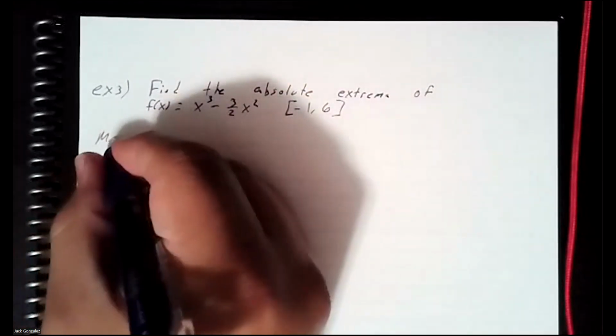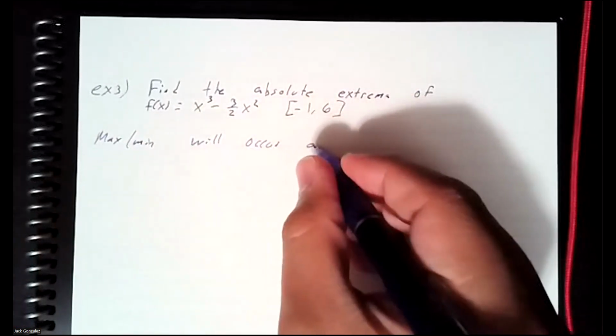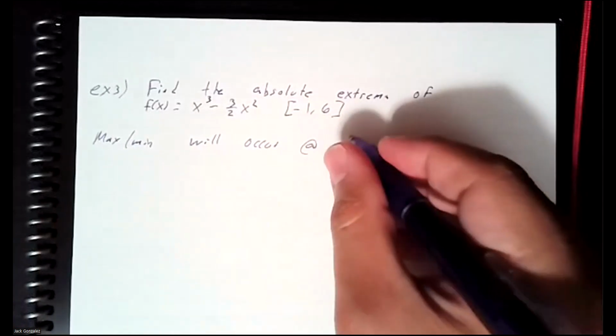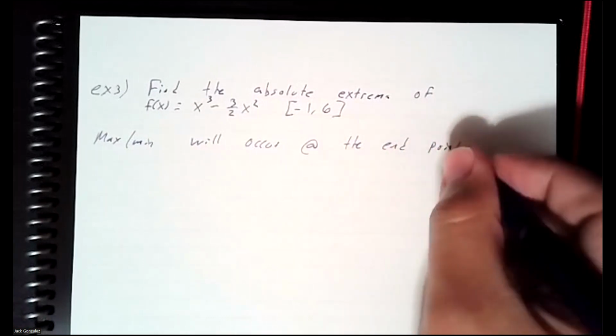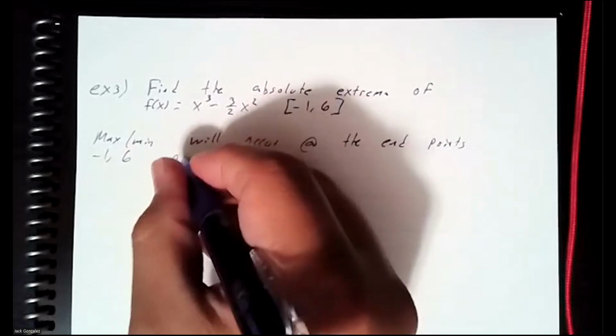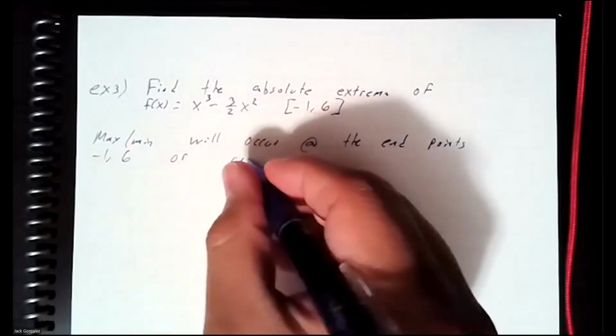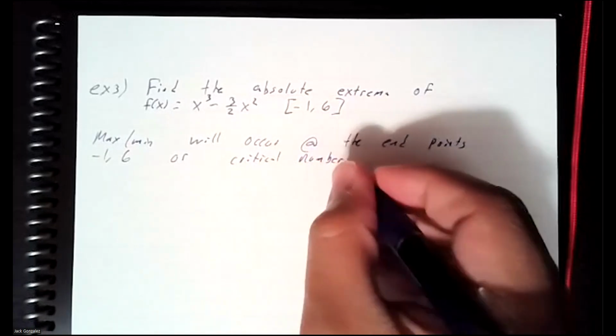So max and min will occur at the endpoints, -1 and 6, or at a critical number. So we can only do this for closed intervals.